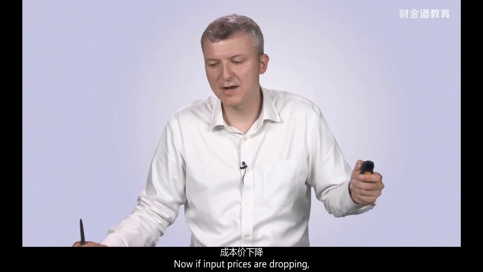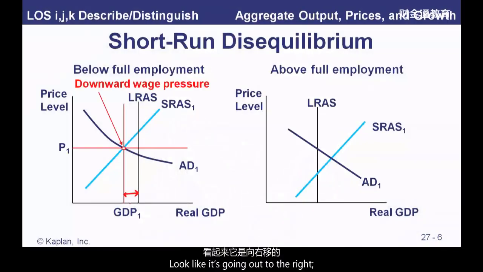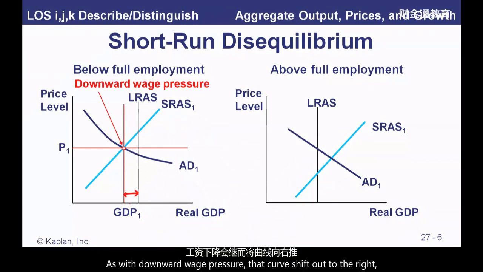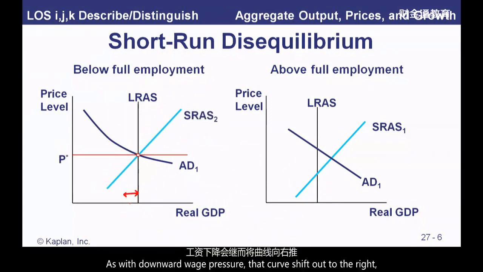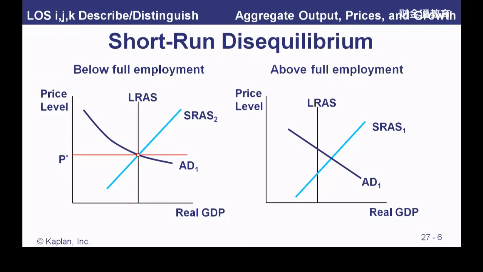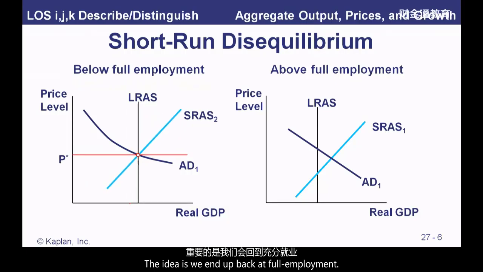Now, if their input prices are dropping, that curve is going to shift down. It'll look like it's going out to the right. As there's downward wage pressure, that curve shifts out to the right to bring us back to equilibrium and remove that output gap. That's the key mechanism. Doesn't matter where we start, the idea is we end up back at full employment.